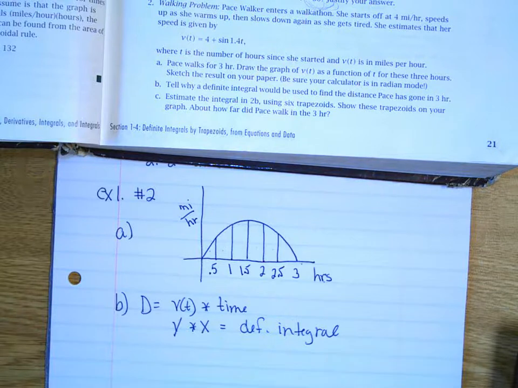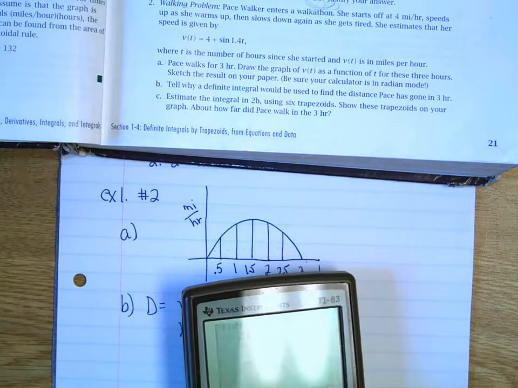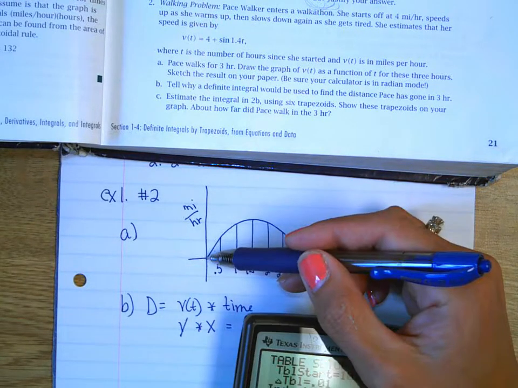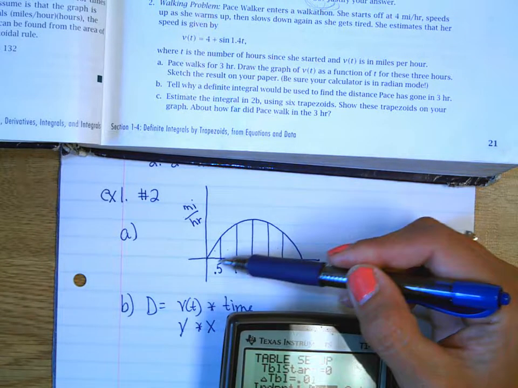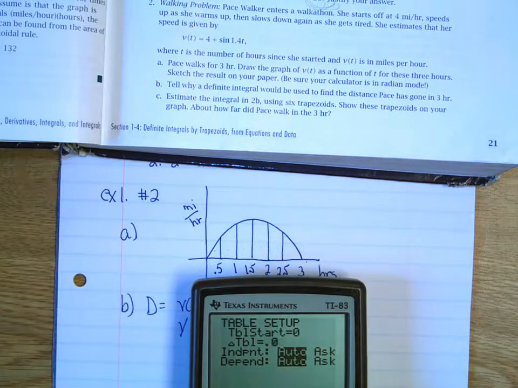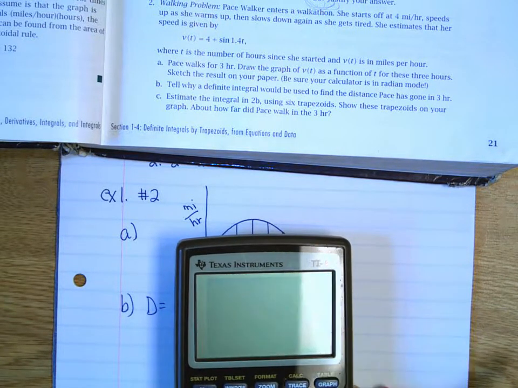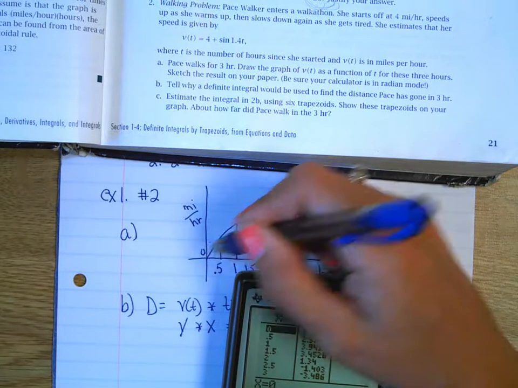So we'll have the calculator now set the table up to give us the values that we need. So we've already got the y equals in. I want to go to the table set. I want it to start at 0, and I want it to give me a y value every 0.5. And now when I go look at the table, I know the height of this trapezoid is 0.